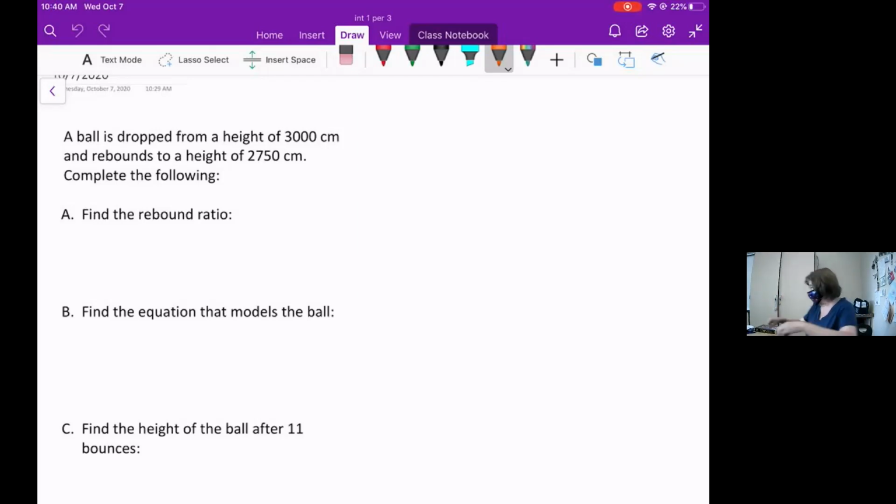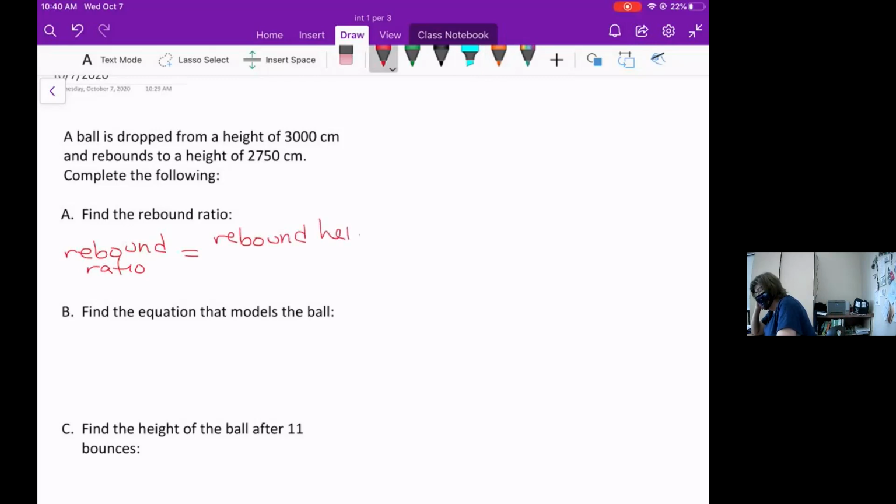All right, so back in here. Every class. All right, so get the rebound ratio. Rebound ratio is the rebound height over the drop height.